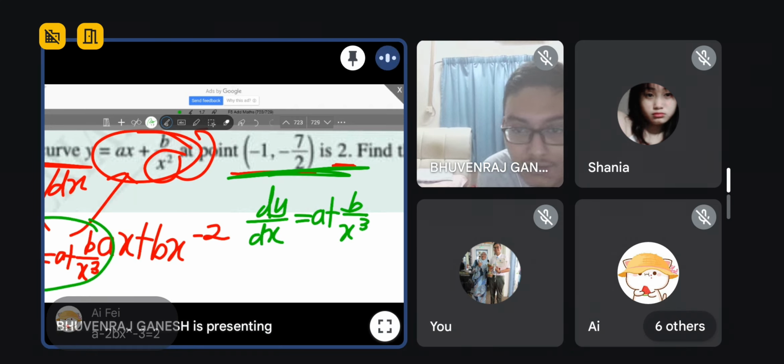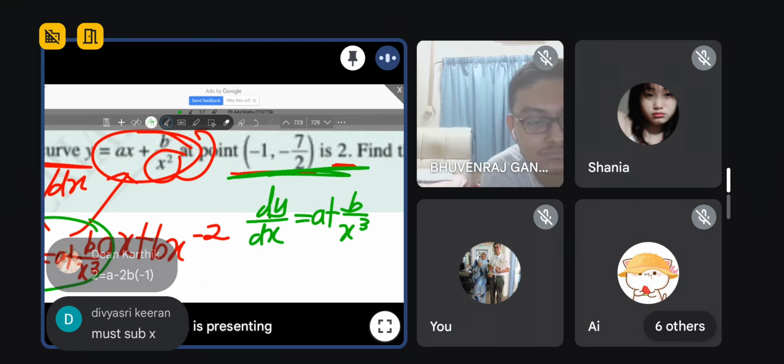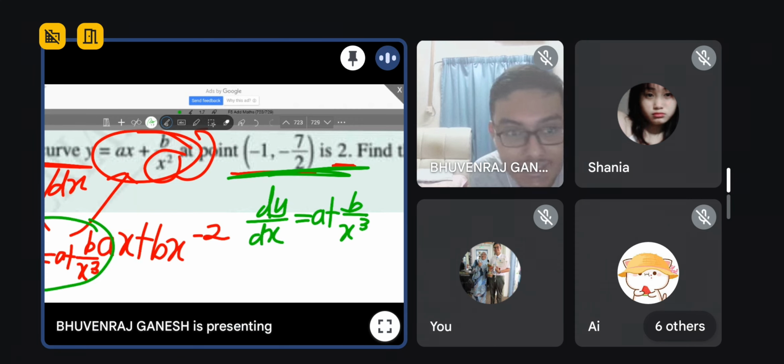Okay, let me check. Not complete. You must be slightly more complete. Let me check Karthik's one. 2 minus 2 equal to a minus 2b. Oh, I see what you're talking.